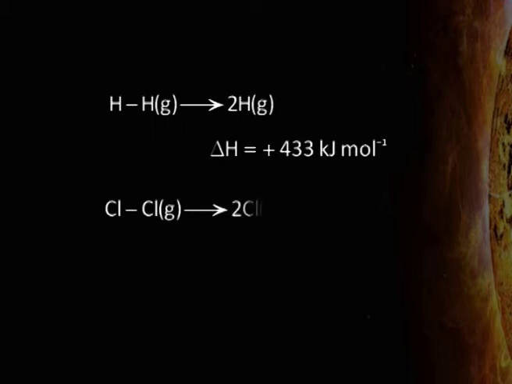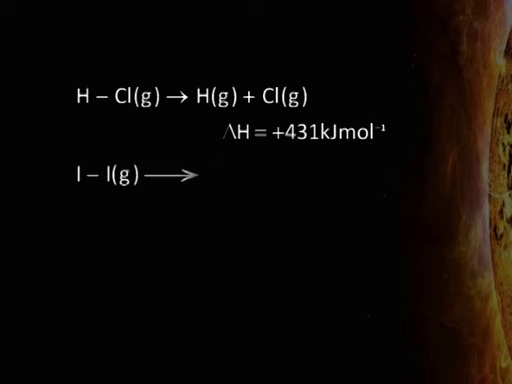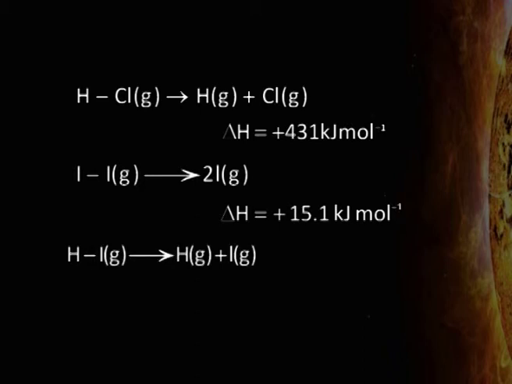For the chlorine-chlorine bond, it is 242.5 kilojoules per mole. For the hydrogen-chlorine bond, it is 431 kilojoules per mole. For the iodine-iodine bond, it is 15.1 kilojoules per mole, and for the hydrogen-iodine bond, it is 299 kilojoules per mole.